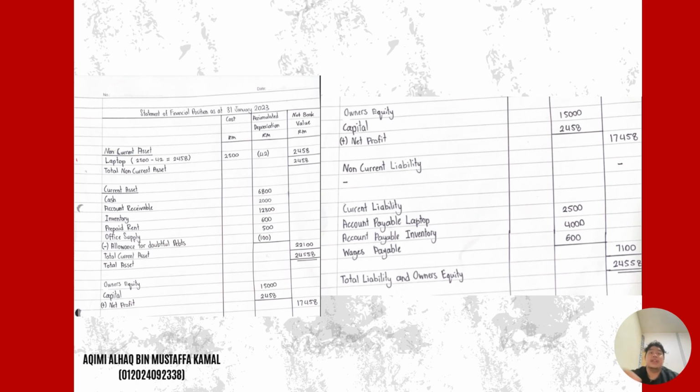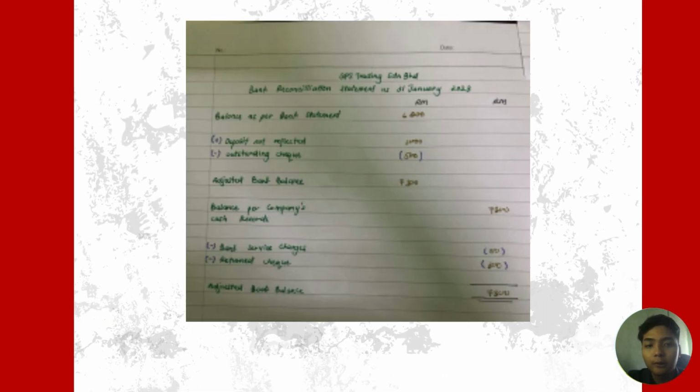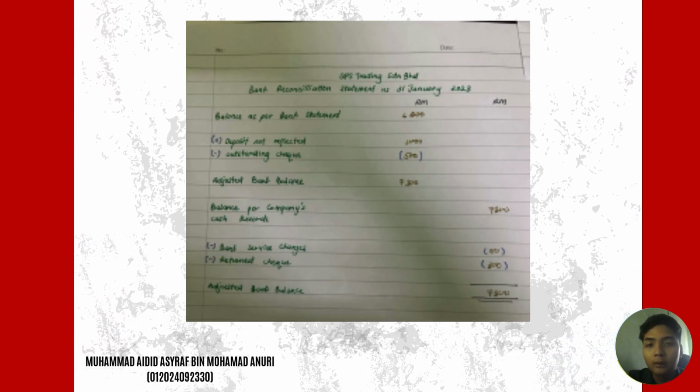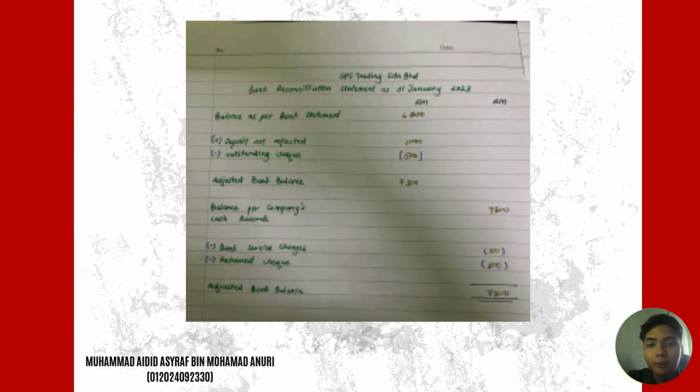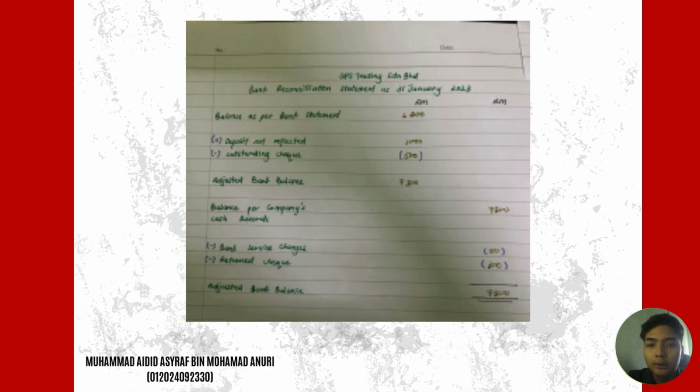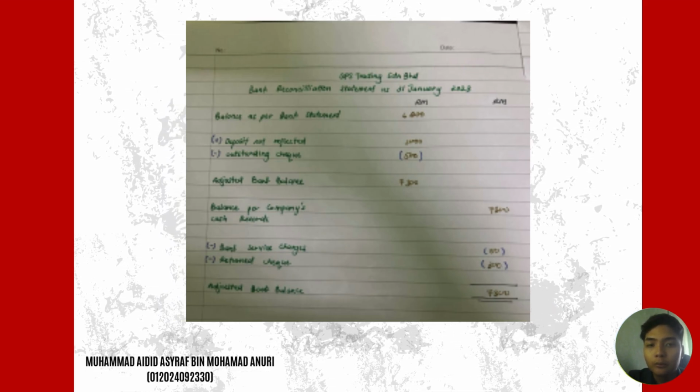Now I'm going to pass to Ashraf. Okay, thank you, Hakim. Now I'm going to explain a little more about part 5, which is bank reconciliation. First, they give the balance as per bank statement, and to do this you have to know the format, which is simple like the financial statement and the trial balance. They have a credit and a debit side.